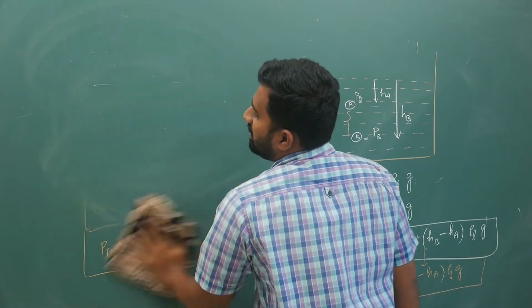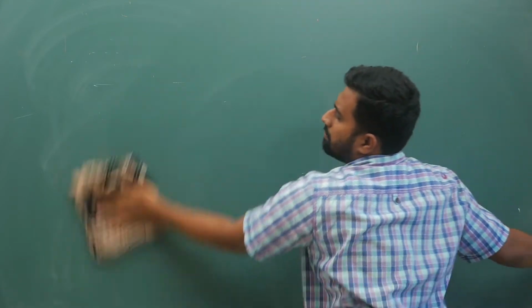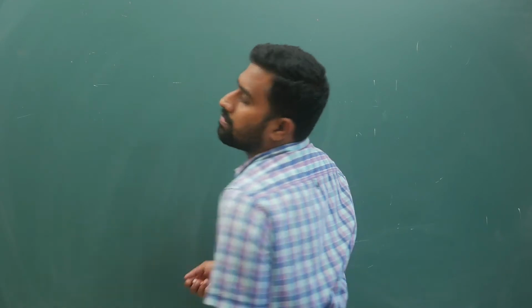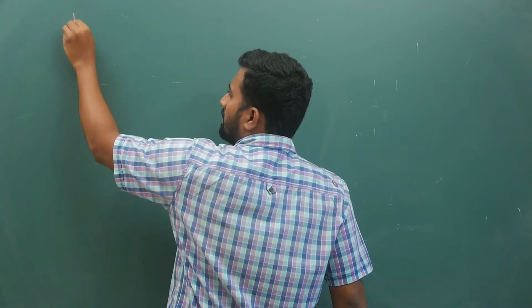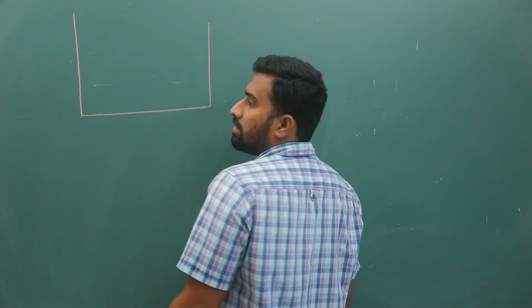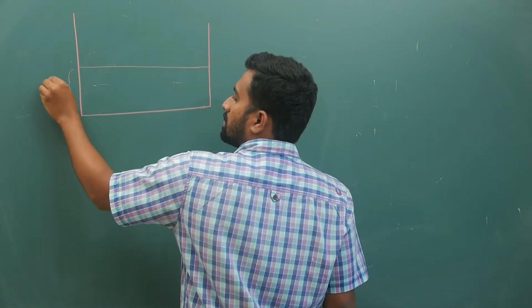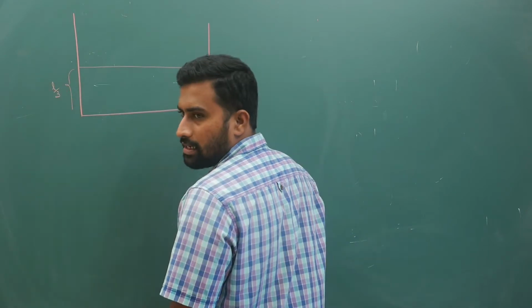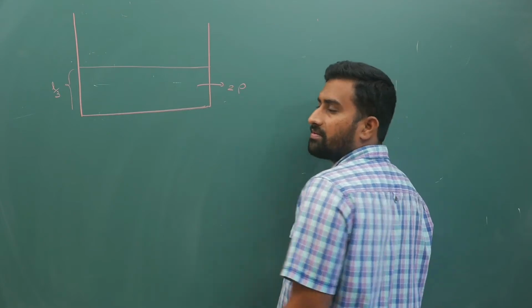The first example that I want you to do: let us say you have a container like this. In this container, the bottom part's height is L by 3, and the density of this liquid is 2 rho.